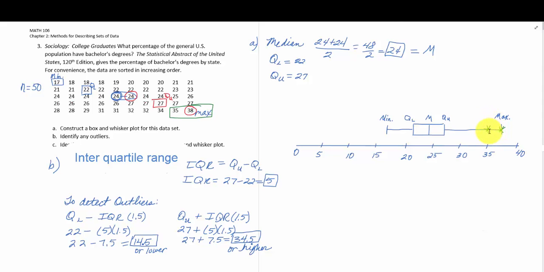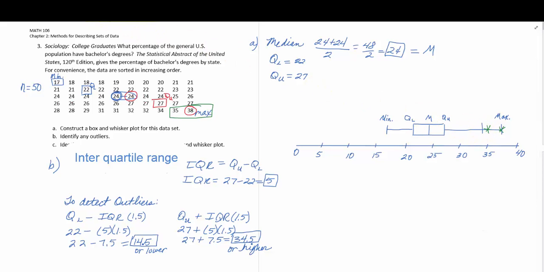Notice that once we place our asterisks at these outlying values, we will need to adjust where the end of our whisker is placed. So if we go back to the measurements, we'll see that 35 and 38 were outliers. The next measurement prior to that is 34. So at a value of 34 is where we should now adjust the placement of that upper whisker. So 34 is about right here.